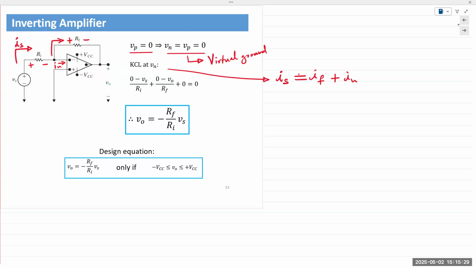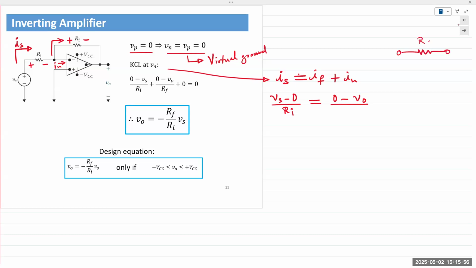IS would be equal to Vs minus 0 over Ri, the input resistance. IF, the feedback path current, would be equal to 0 minus VO. Those are the voltages at either end of the feedback resistor. The feedback resistor is RF.